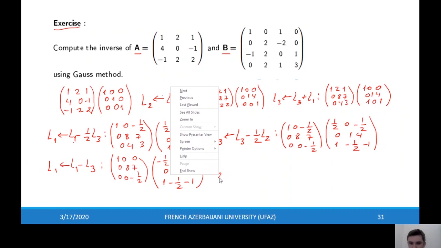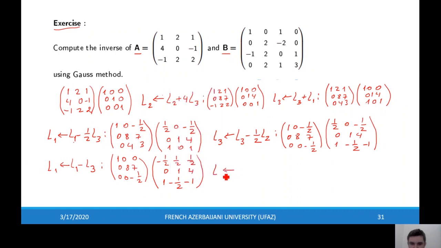Instead of L2, we write L2 plus 14 L3. And the result will be 1, 0, 0, 0, 8, 0, 0, 0, minus 1 over 2, and minus 1 over 2, 1 over 2, 1 over 2, 14, minus 6, minus 10, 1, minus 1 over 2 and minus 1.